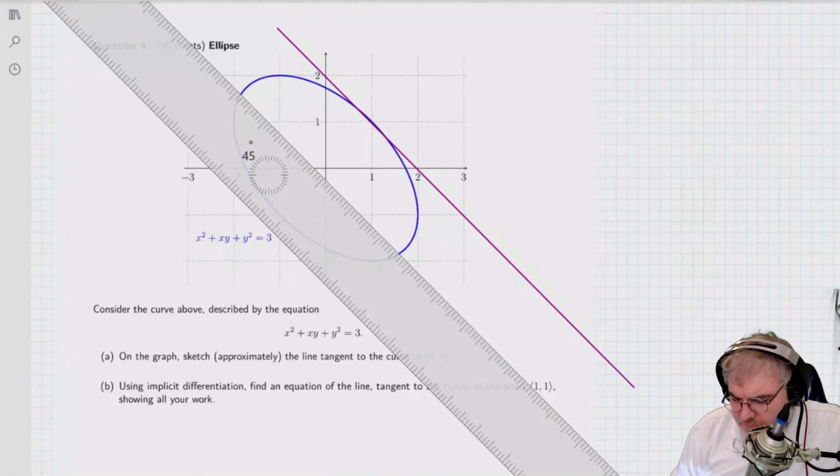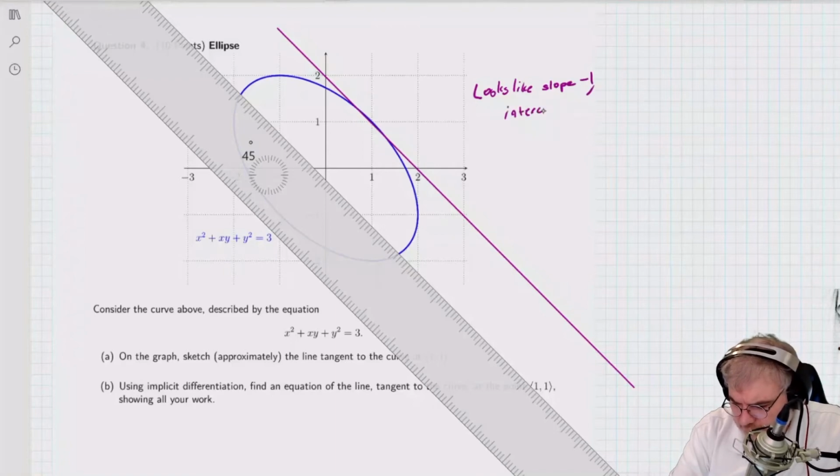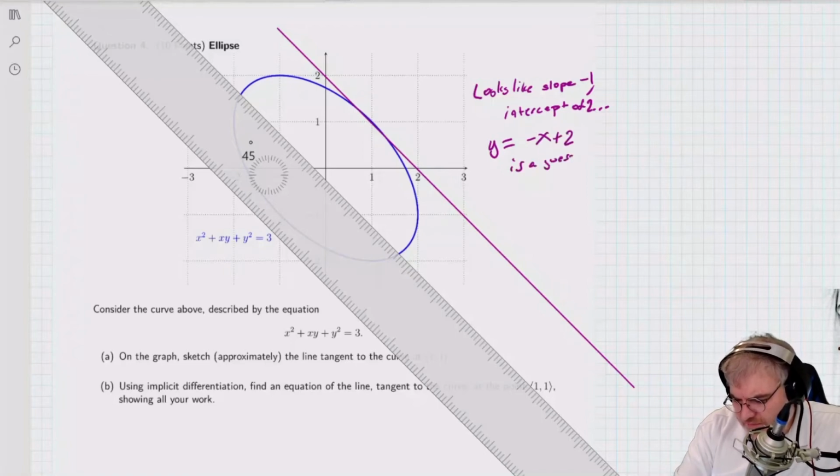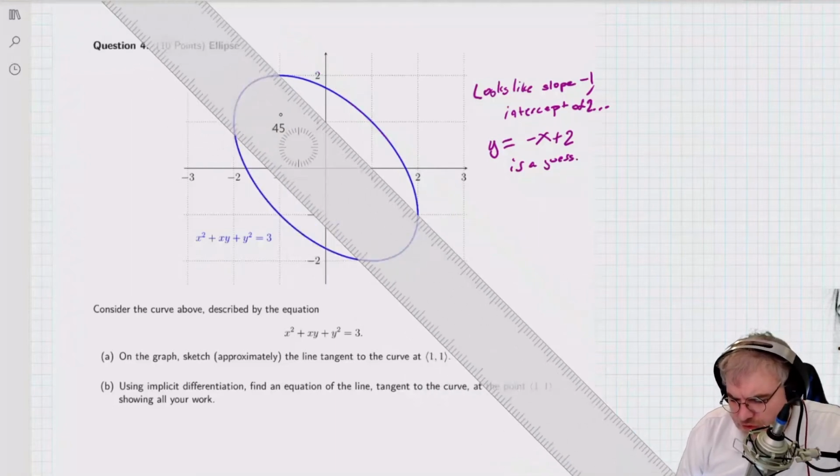And from that line, it looks like this would be y equals negative x plus 2, as a guess. Now, you didn't need to write that. You needed this line. But that's what it looks like, right?